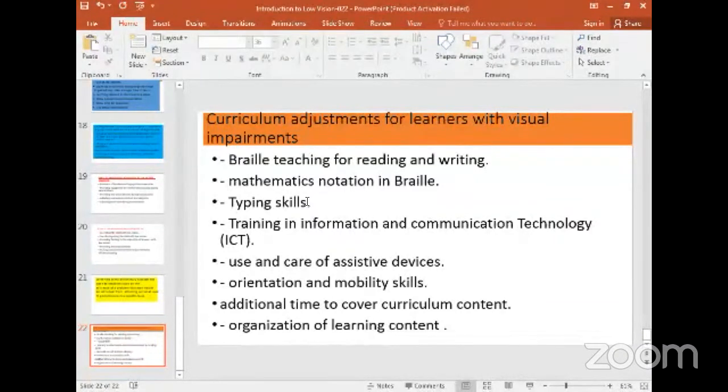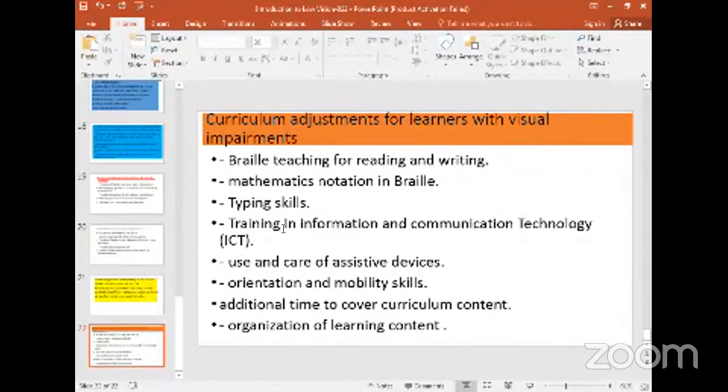They are also taught typing skills, and this could be using a computer with a screen reader and voice synthesizers. They are also trained in information and communication technology, that is, ICT.